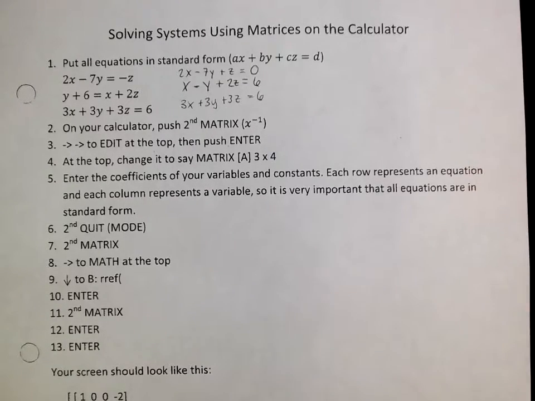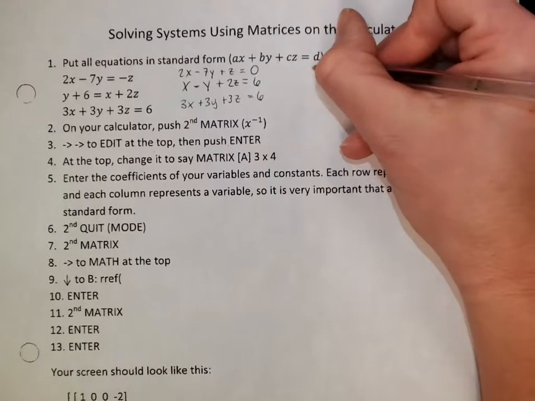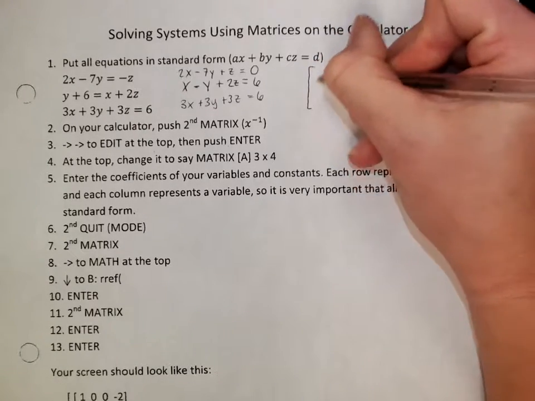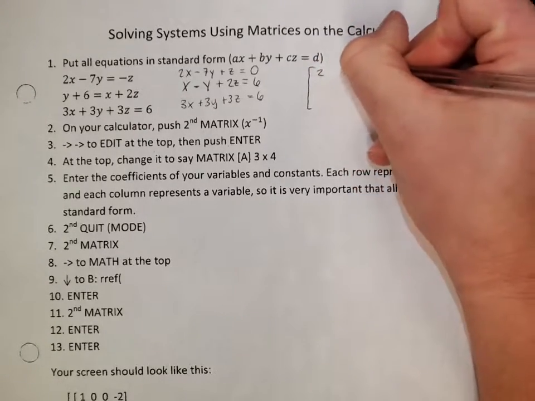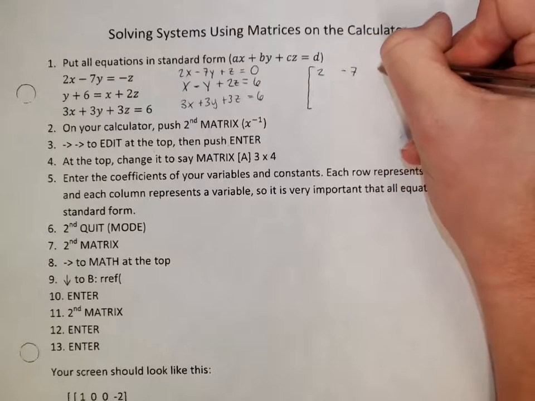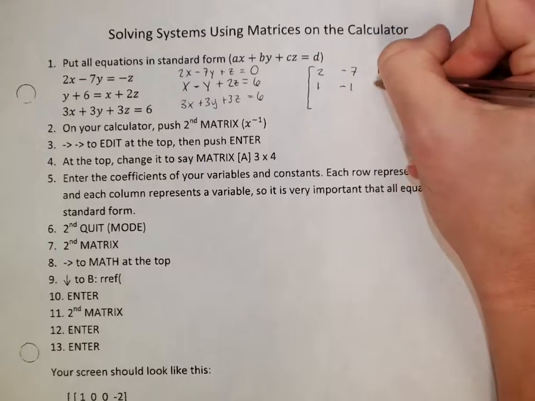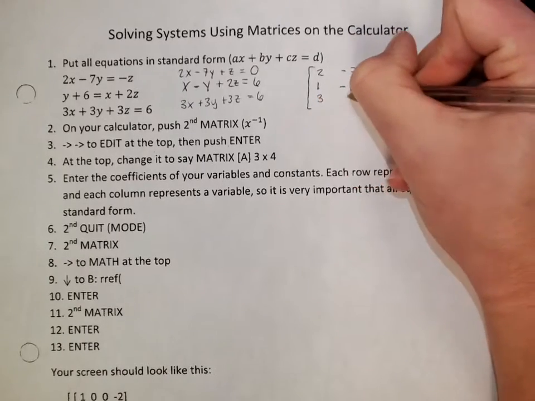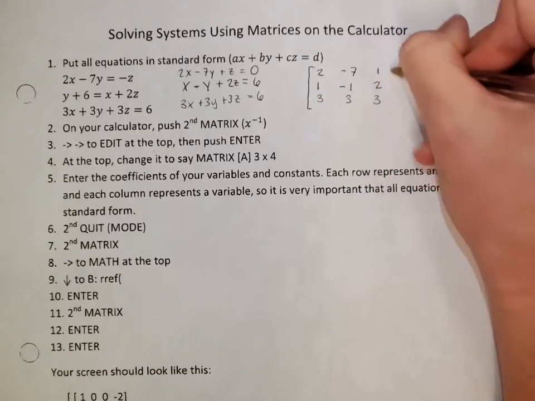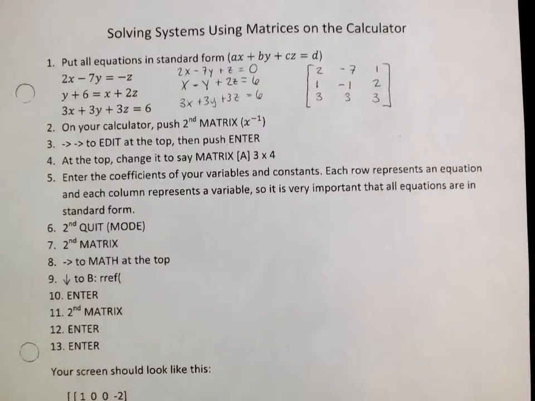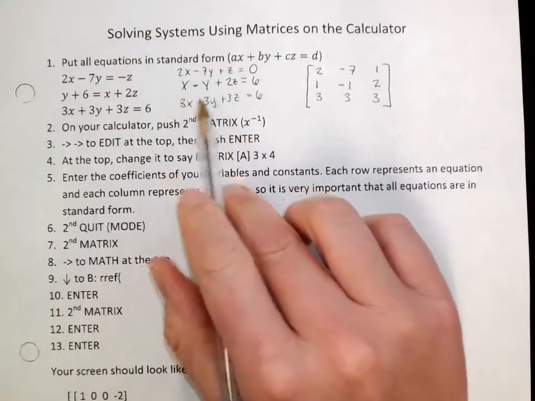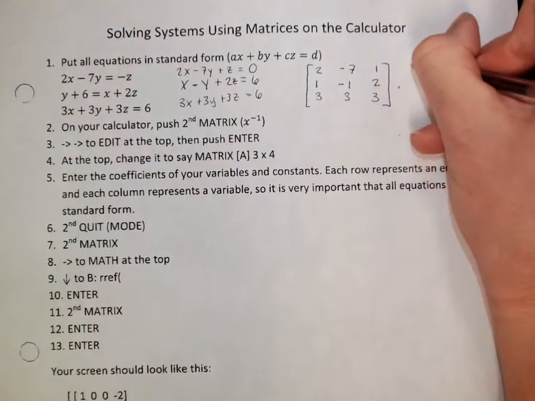So lots of times, and there's a couple different ways that they'll do this, they'll just do this half: the 2, the negative 7, and the 1, the 1, the negative 1, and the 2, the 3, the 3, the 3. And they'll say that this, which if you notice is all of these coefficients, times, and then they'll write it like this.